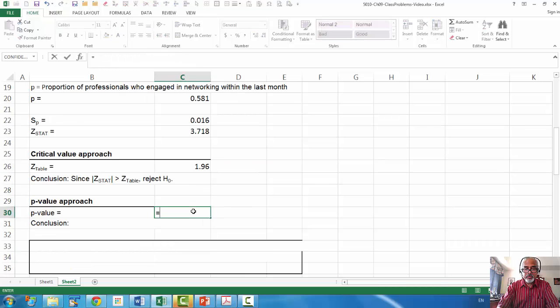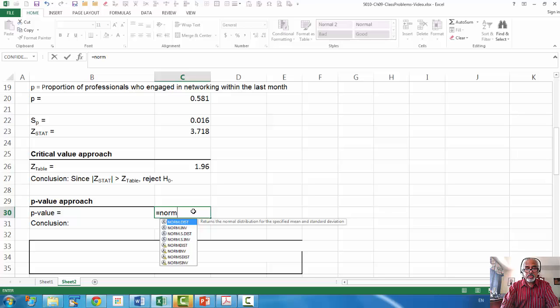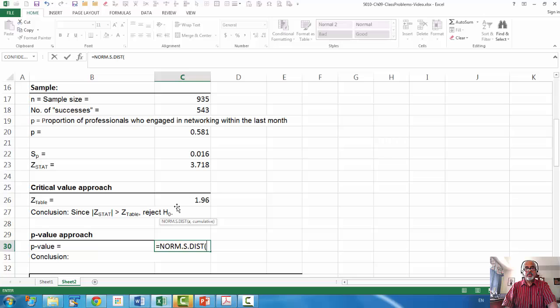A p-value approach will be norm.s.dist. Okay. Now we want the tail area, right? So if you give the z stat value just like that, you have to be very careful about this now.